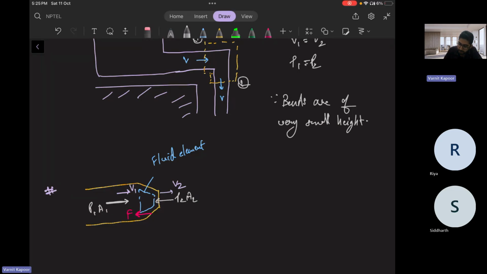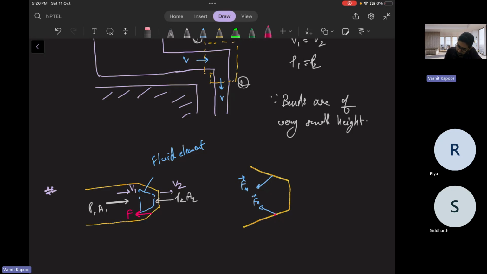How? I'll make a projected, zoomed kind of scenario. So I have a net force, F net, like this. Similarly like this, F net.